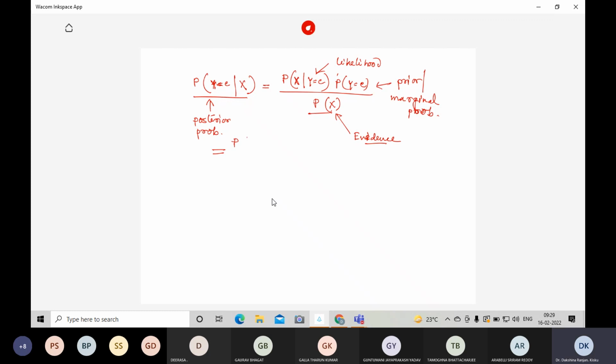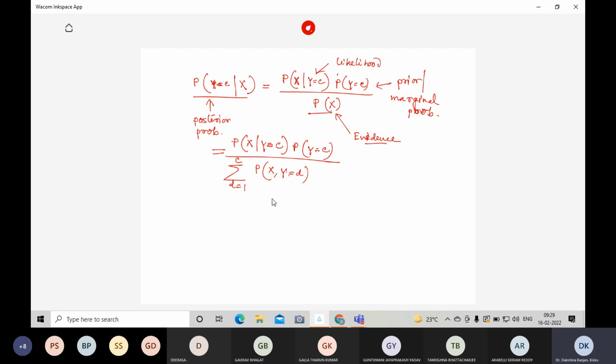If we further derive this Bayes classification equation, then we can write the likelihood multiplied with the prior probability or marginal probability, and in place of evidence, the probability of x, we can write the summation d equals 1 to C of probability of x comma y equals to d.